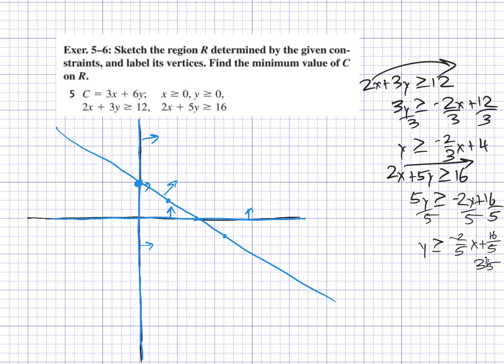All right, so, oops, let's get rid of that. Now it goes through at 3 and 1/5, which is right there, and goes down 2 and over 5. Down 2 and over 5.